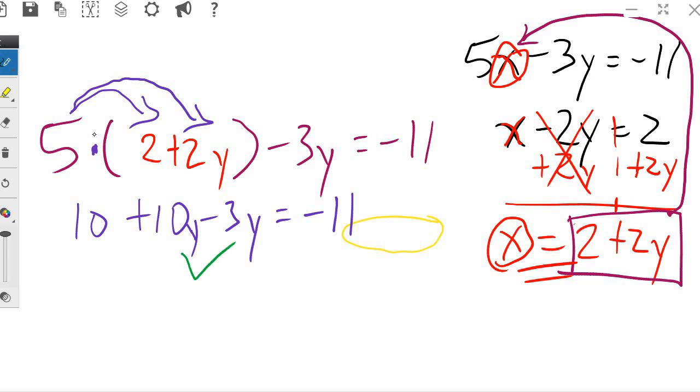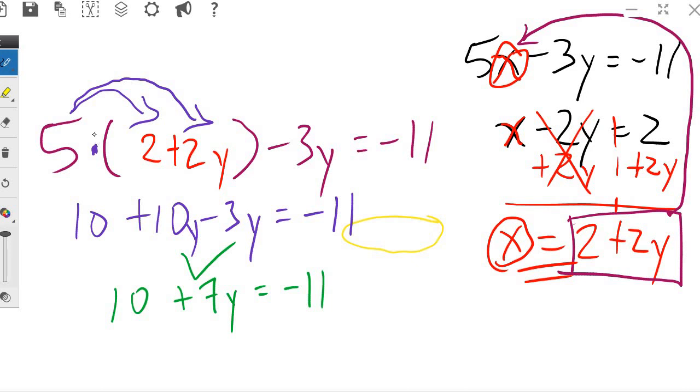And then next step, combine like terms: 10 plus 7y is equal to negative 11. You see how I did that? 10y and minus 3y is 7y. If you look at our terms, 10y plus negative 3y is positive 7y.